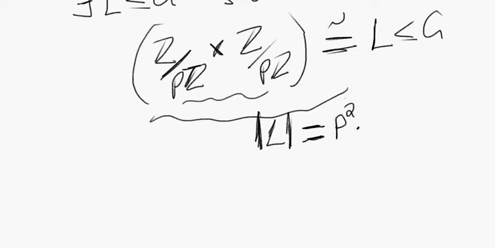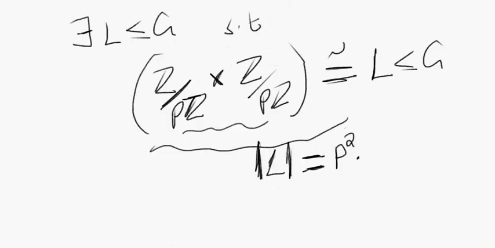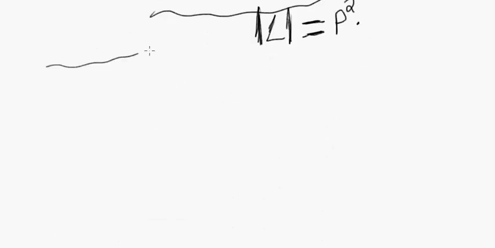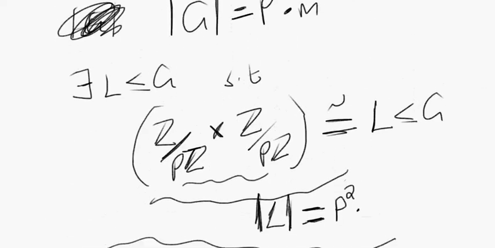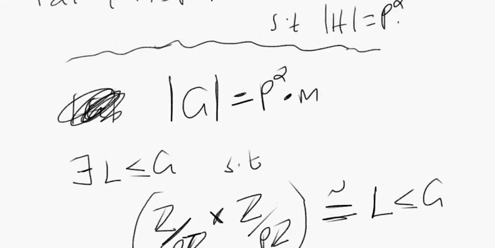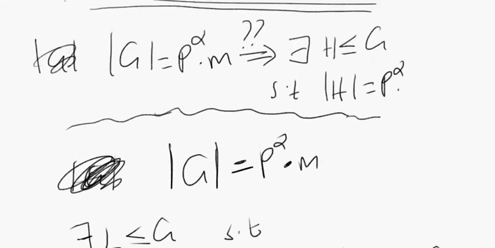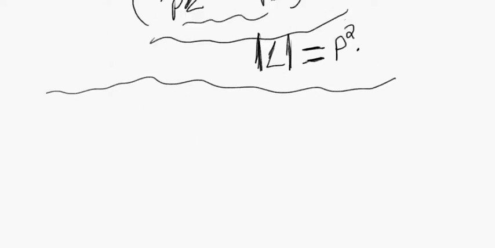So what else can we try? What other approach might help us? Well, let's see. What about, given that all this time we've been trying to find a subgroup of order p to the alpha, what if we constructed one?